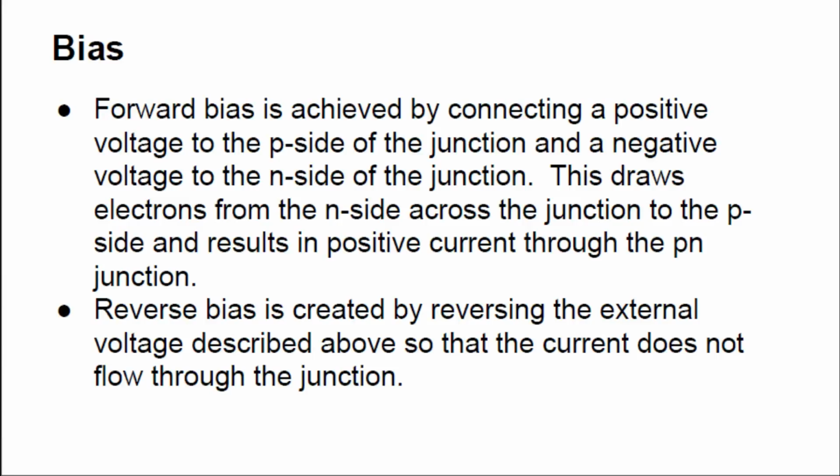In a p-n junction, we said earlier that when the p-type and n-type materials are put together, the majority charge carriers from each side of the junction diffuse across the junction, and they eventually finish diffusing.